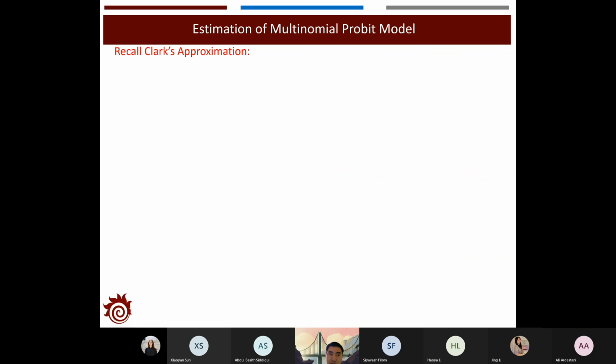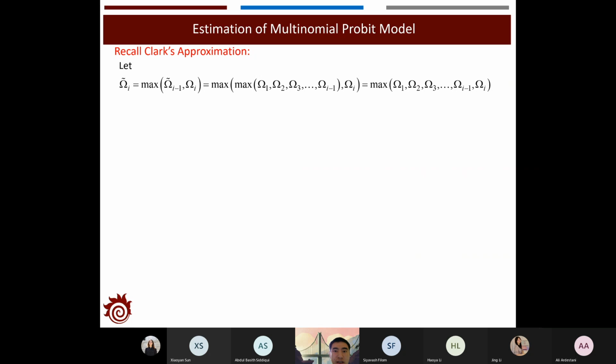What we need to find out is the distribution of the maximum Z. With that, we have to recall Clark's approximation. Assuming that omega I is the maximum of two variables, omega I minus 1 tilde and omega I, and we also define that omega I minus 1 tilde is the maximization of omega 1 to omega I minus 1.